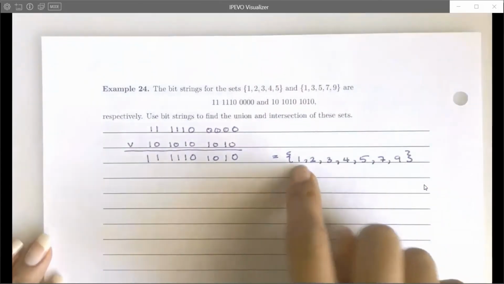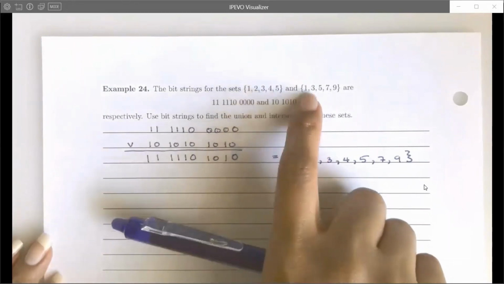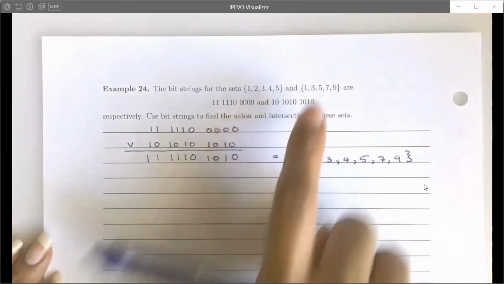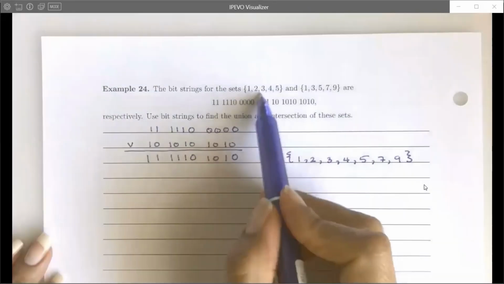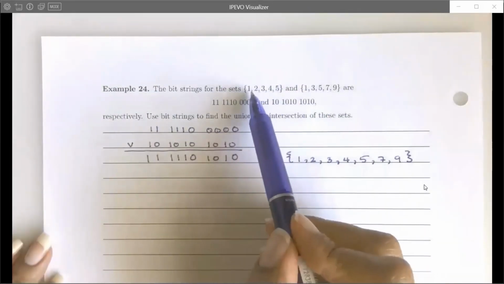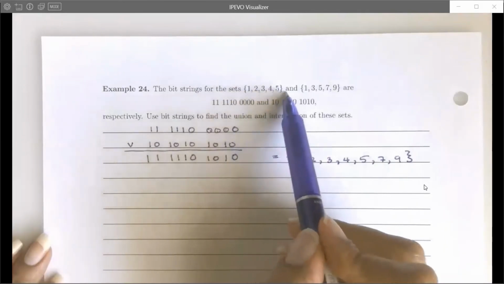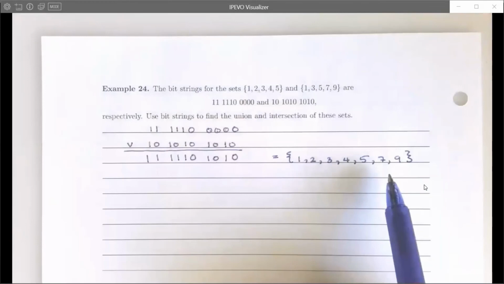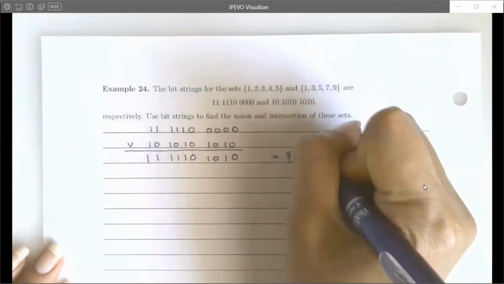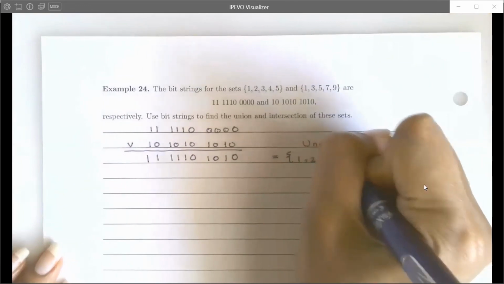So if we were to take the union of these two sets by hand, as humans that understand these numbers, we would say the union is 1, 2, 3, 4, 5, then 7 and 9, which is precisely what we're getting with the bit string. So this is for the union.